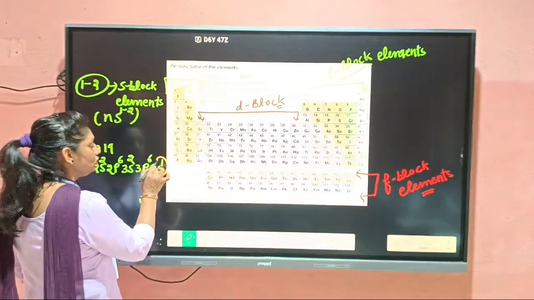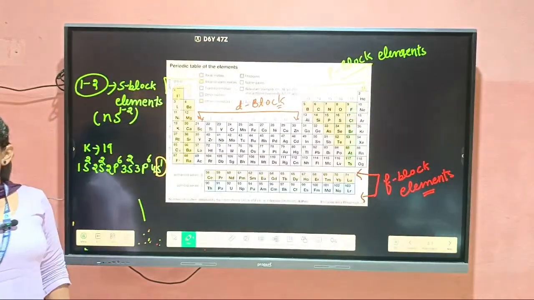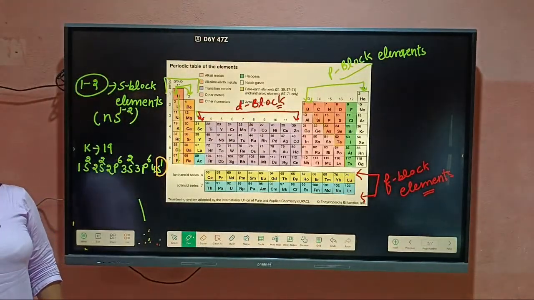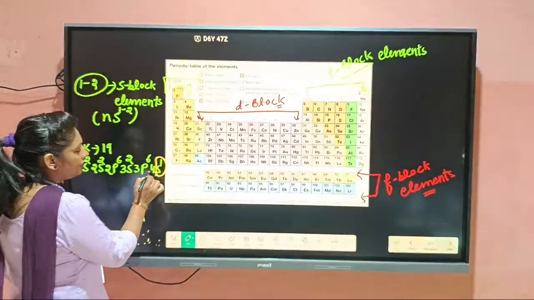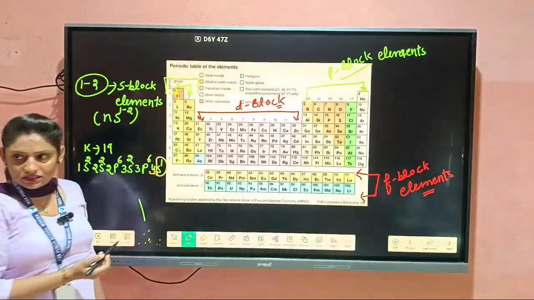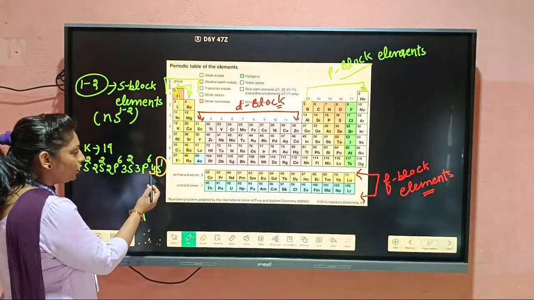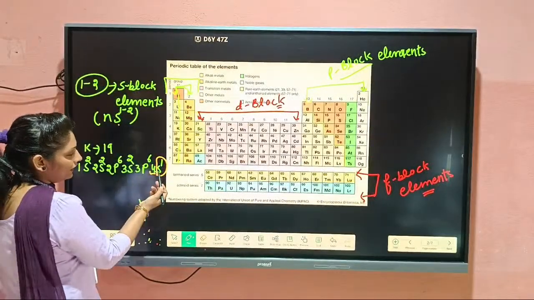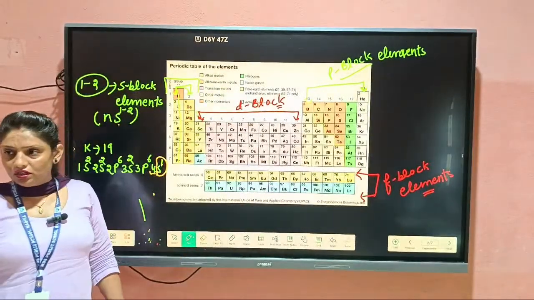Here n is the greatest number, so n is 4.